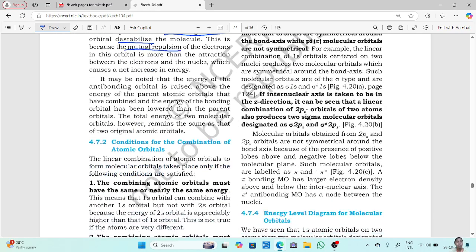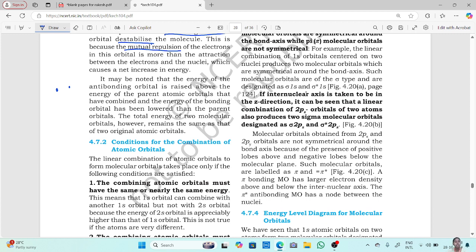It may be noted that the energy of the antibonding orbital is raised above the energy of the parent atomic orbitals that have combined, and the energy of the bonding orbital is lower than that of the parent orbitals. Since atomic orbitals are combining together to form the molecular orbitals, they are considered to be parent atomic orbitals.